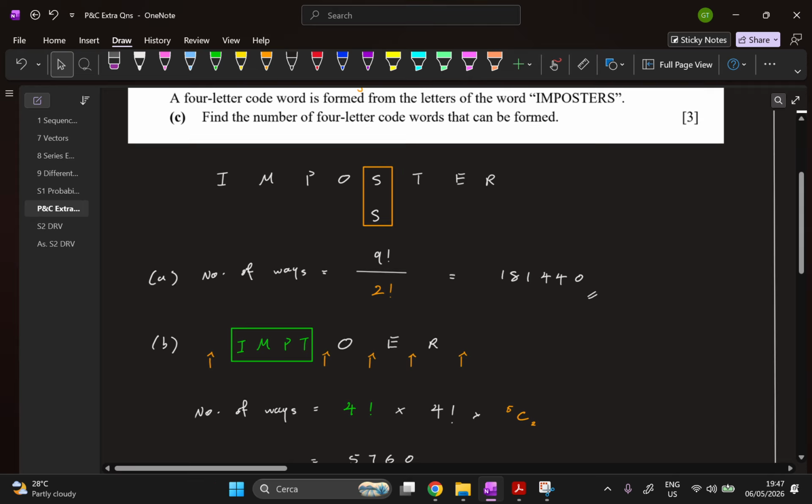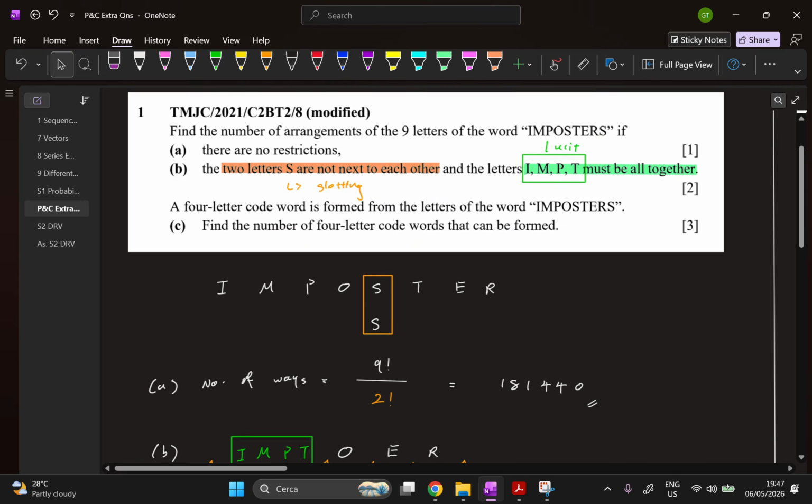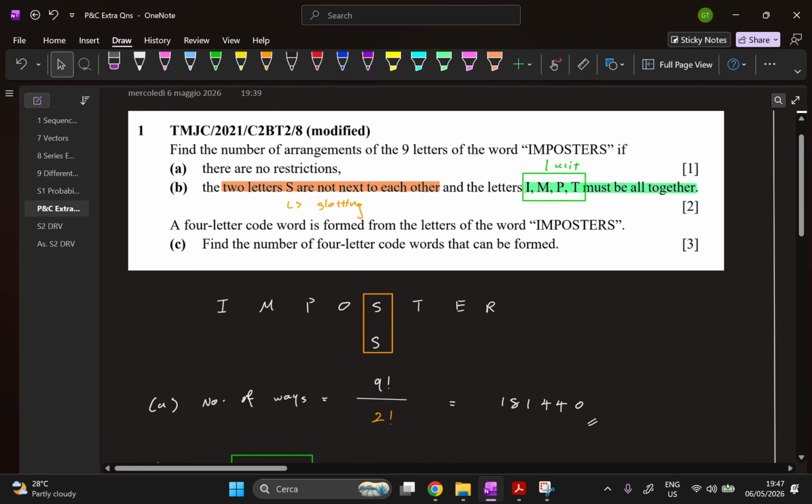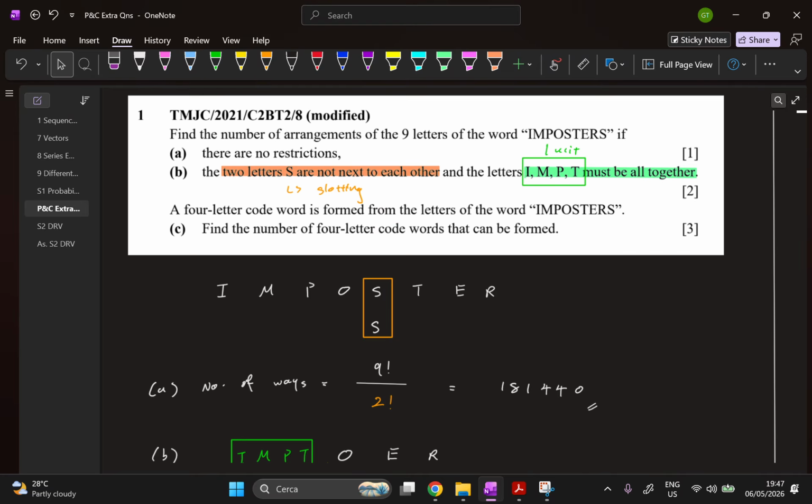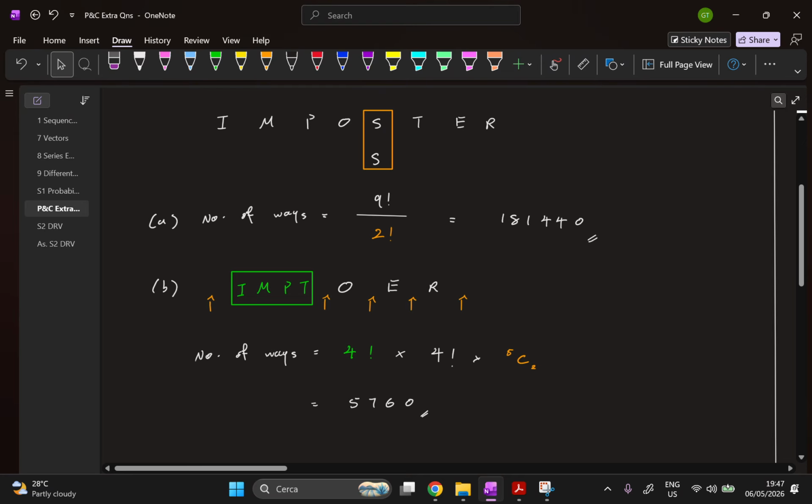So just a couple of learning points from this particular question alone. You remember that everything that is together, you group them together, and then you treat it as 1 unit, and then you permute the number of distinct units first. Any slotting that you need to do, you do last. And remember, within 1 box, within 1 unit, if there are distinct objects within that unit, you still must permute them.